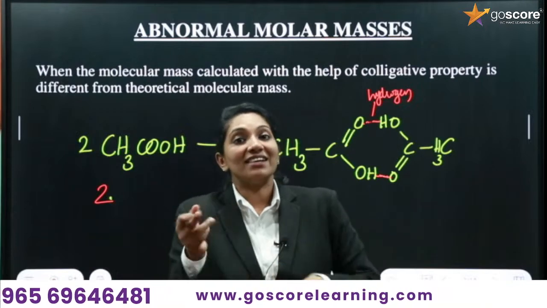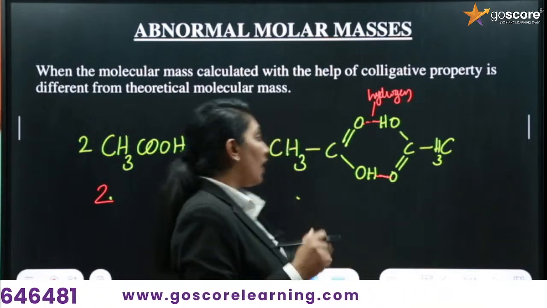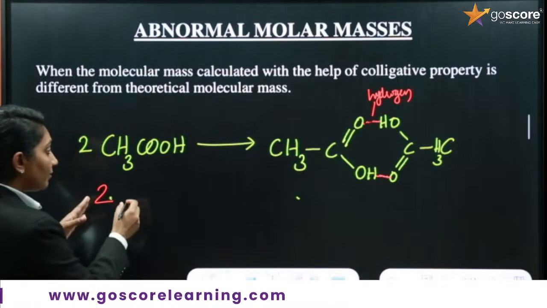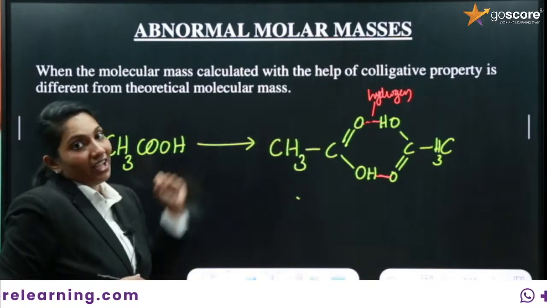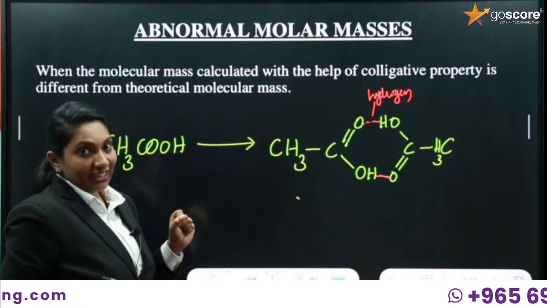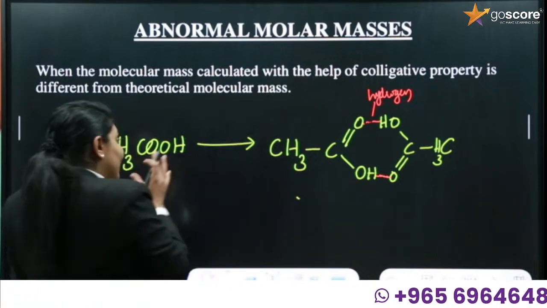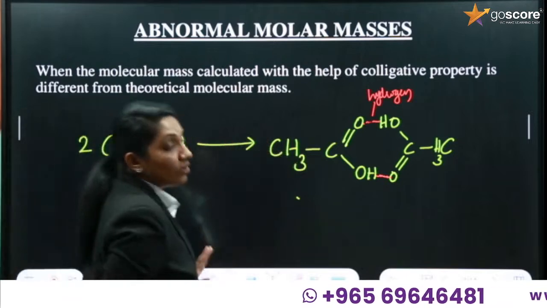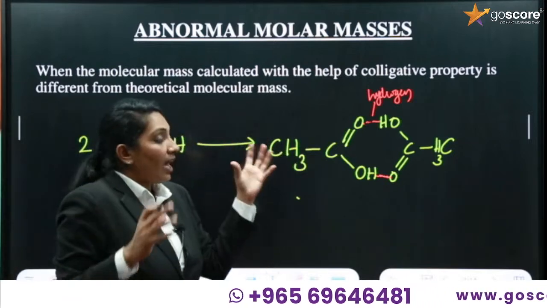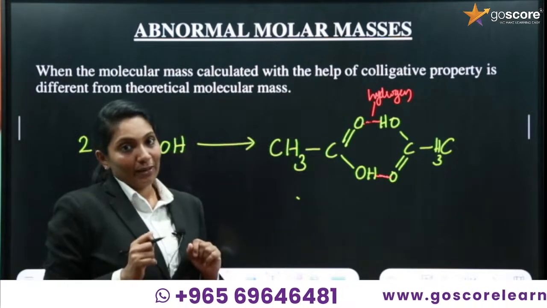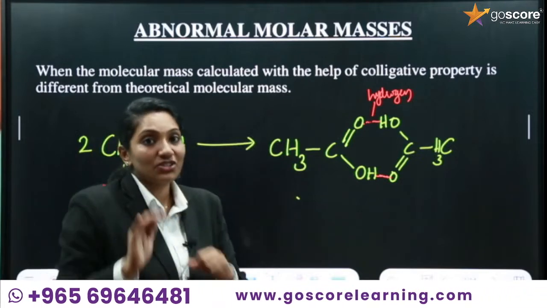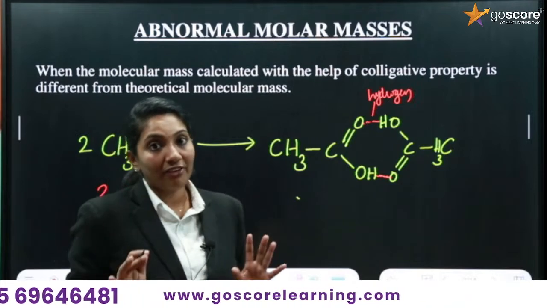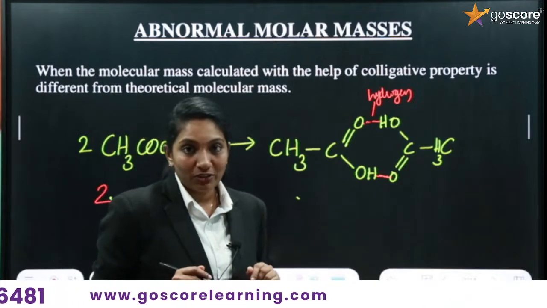So, there is a change in the molar mass. If you take the molar mass here, it is different from what you get after the association, isn't it? So, there is a change in the molar mass due to association of the molecules, right? So, when there is a change in the molar mass, definitely it will affect the colligative property also.